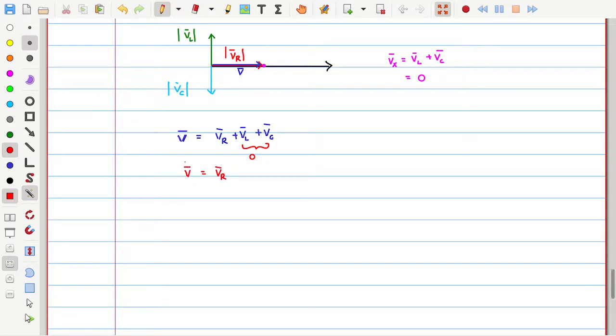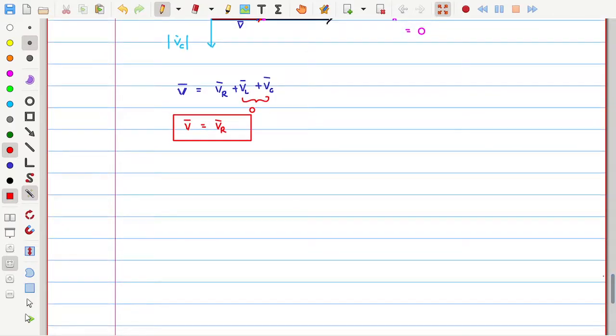So total voltage is simply the resistor voltage. This is the phasor diagram for a series RLC circuit under this condition. Okay, so now let me summarize about this resonance.